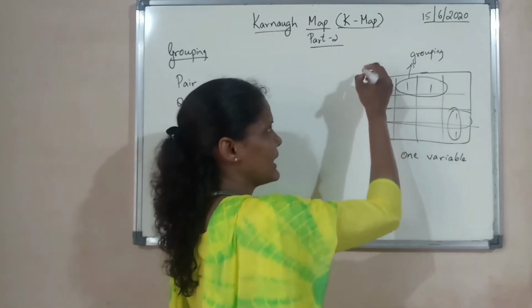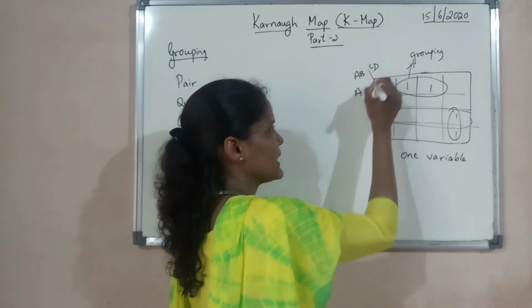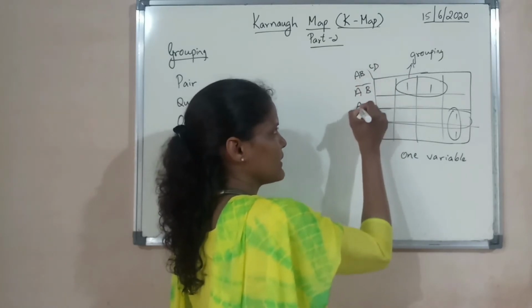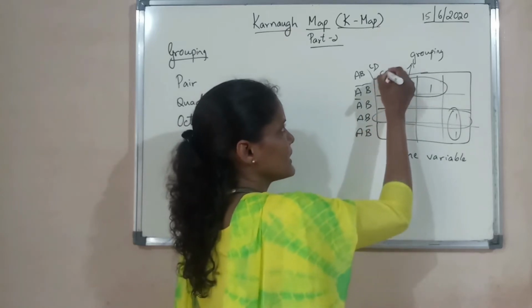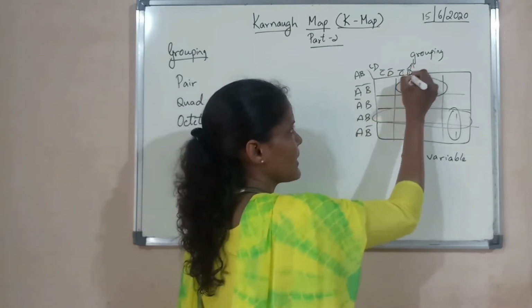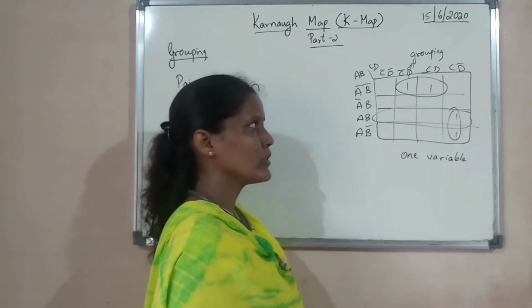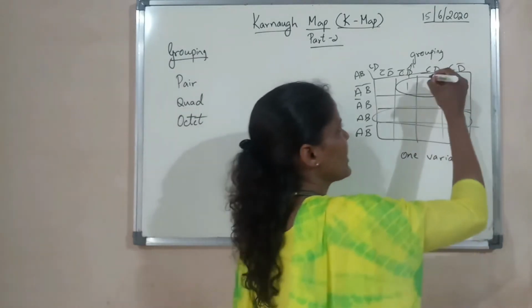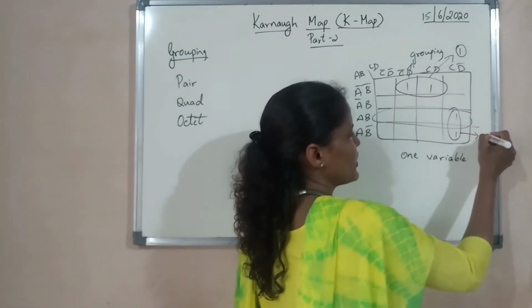Let me explain that. If I consider this as A, B and C, D, with rows A bar B bar, A bar B, A B, A B bar, and columns C bar D bar, C bar D, C D, C D bar. Here, when I do pairing, let me call this pair group 1 and this group 2.